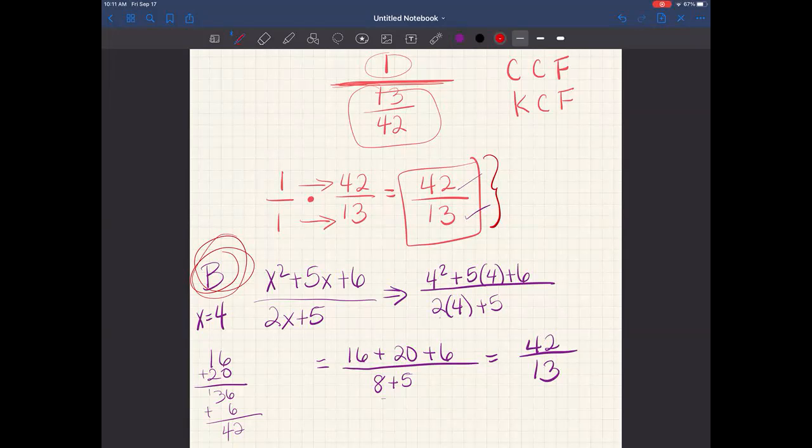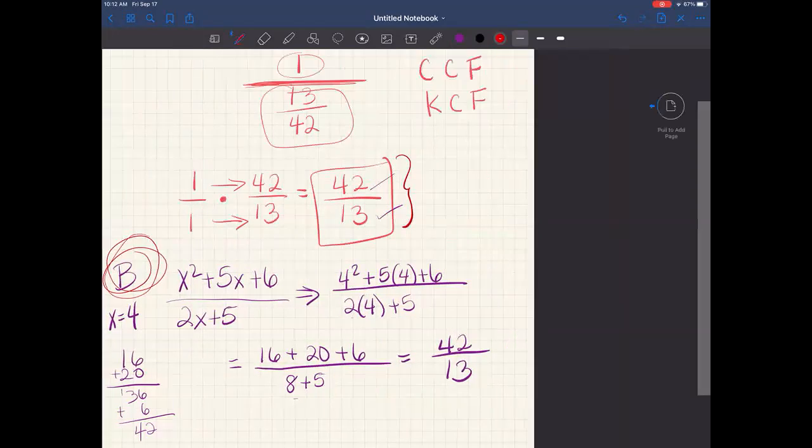And if you looked at B and just replaced the denominator, 2 times 4 plus 5, you would have gotten 13. So that would have been the one you wanted to check. If there was a third option, it would have been nice if it also had that 2x plus 5 at the bottom and then something different on the top. Then you would have had to figure out between those two. But they like to make it easier for you. It's boring. Should be more challenging, I think.